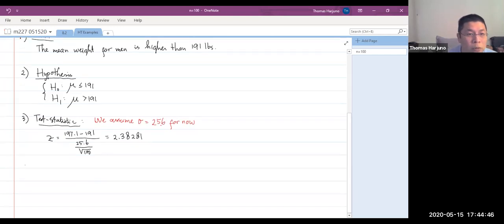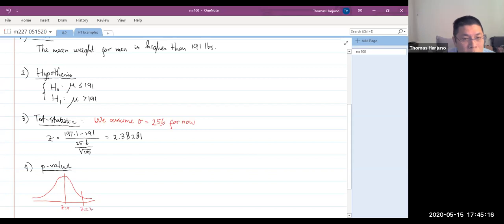Okay, so for my p-value, I have the standard normal distribution. This is the center at 0, and this is Z equals 2.38281, and I need to find the tail area away from the mean.